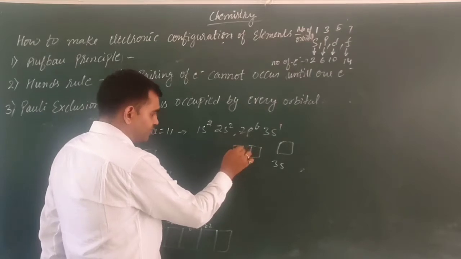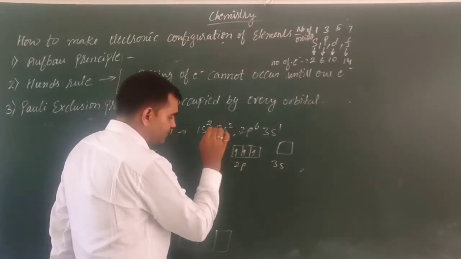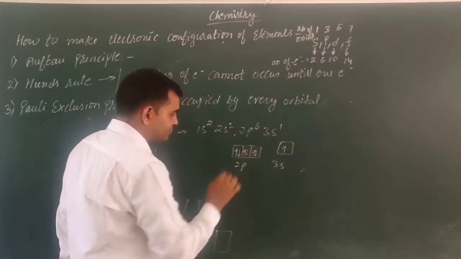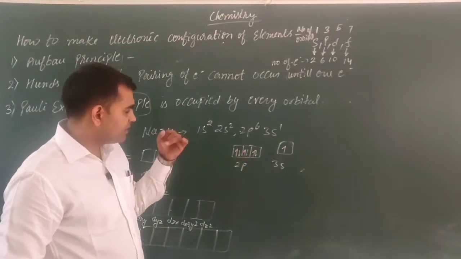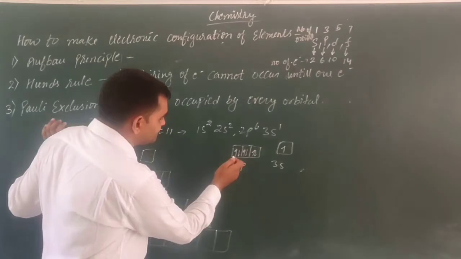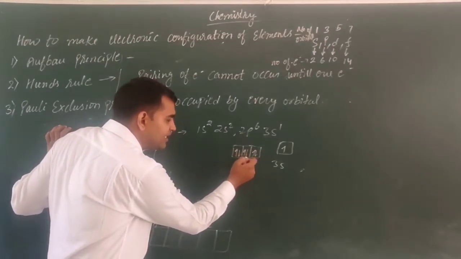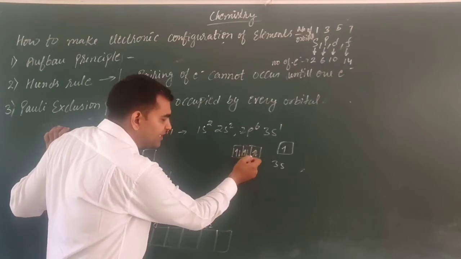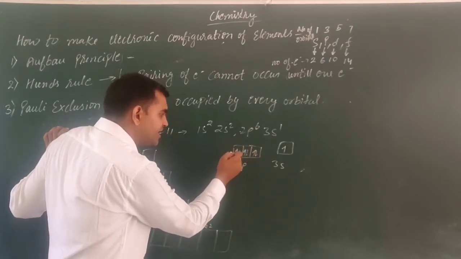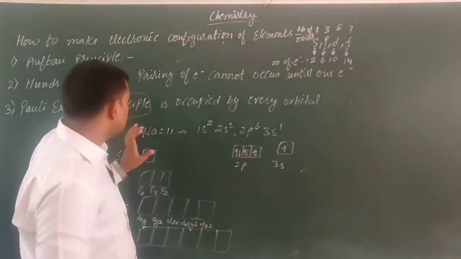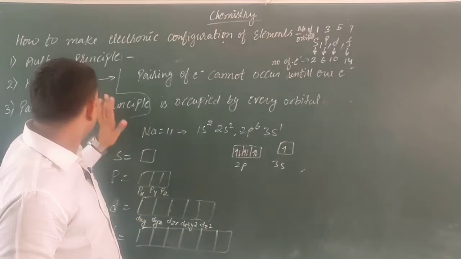So P 1 2 3, now 4 5 6, and here 1. In the P, we first fill 1 electron in each orbital. Then we pair up in the twice form, that is 4th, 5th, and 6th. So this is Hund's rule.